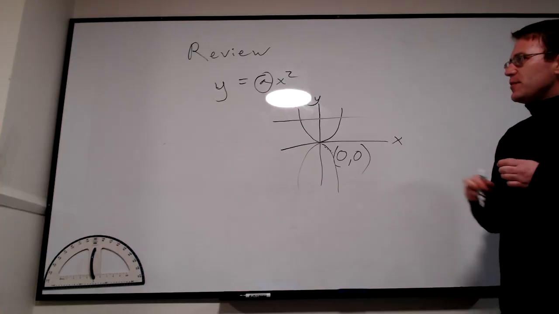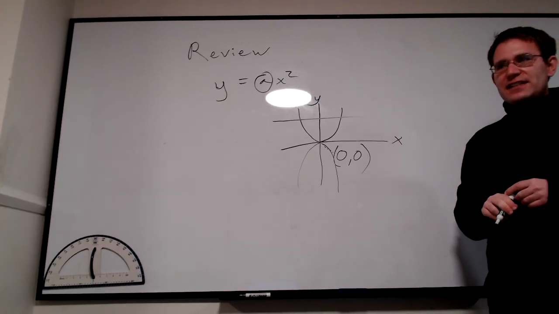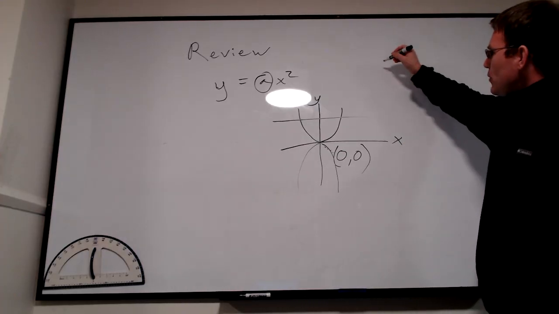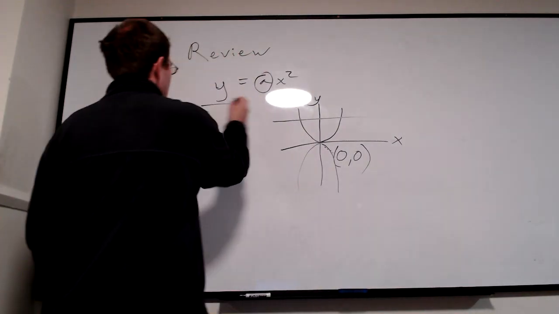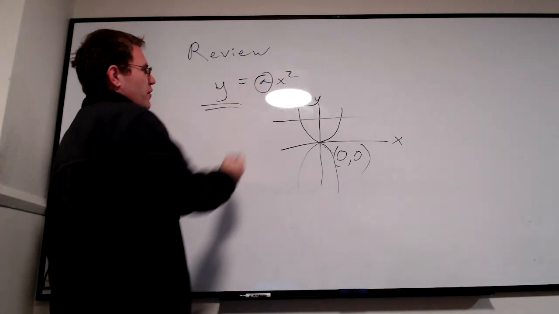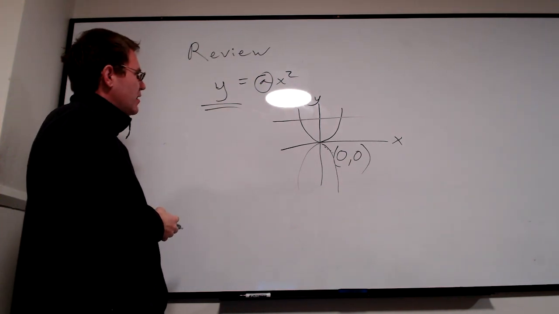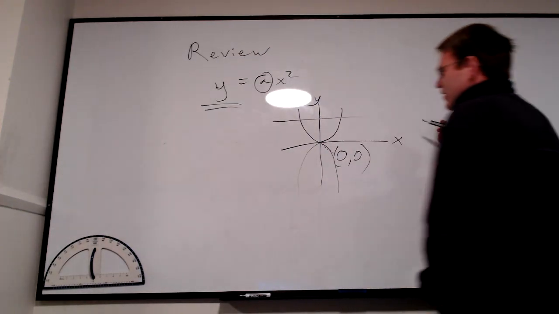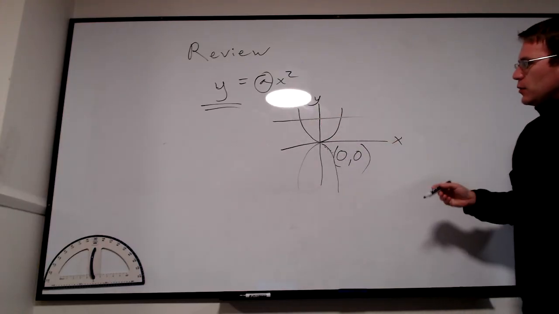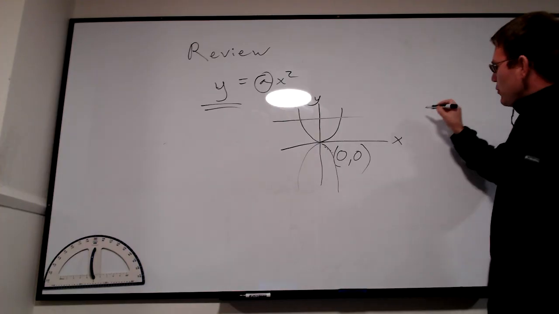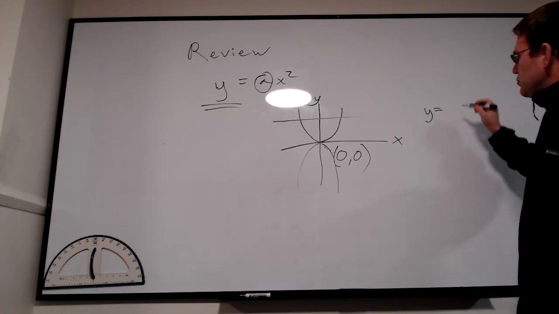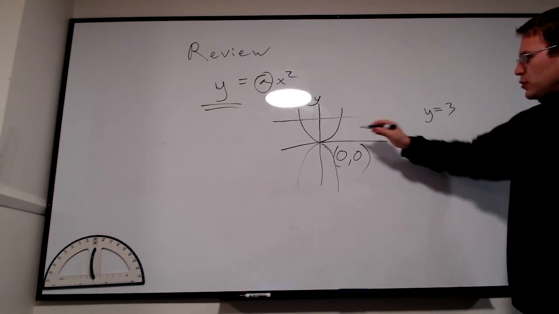But today we want to try something a little bit different to build on this from yesterday. So today we want to ask ourselves, what happens when we know what y is? Then we're trying to solve for x instead. So that's where we get a situation like this. Let's say y equals 3, or whatever this number is.